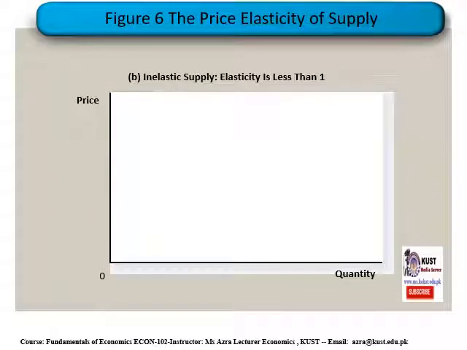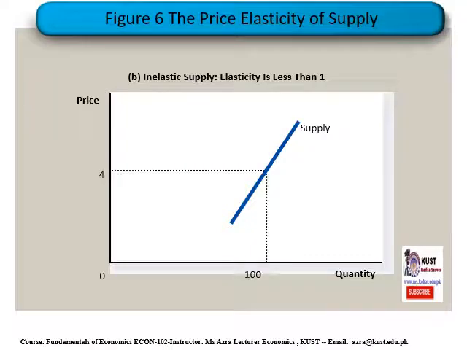Again, this is an inelastic supply curve where elasticity is less than 1. You can see in the case of an inelastic supply curve, if there is an increase in price level from 4 to 5, the change in quantity supplied will be less compared to the increase in price level.